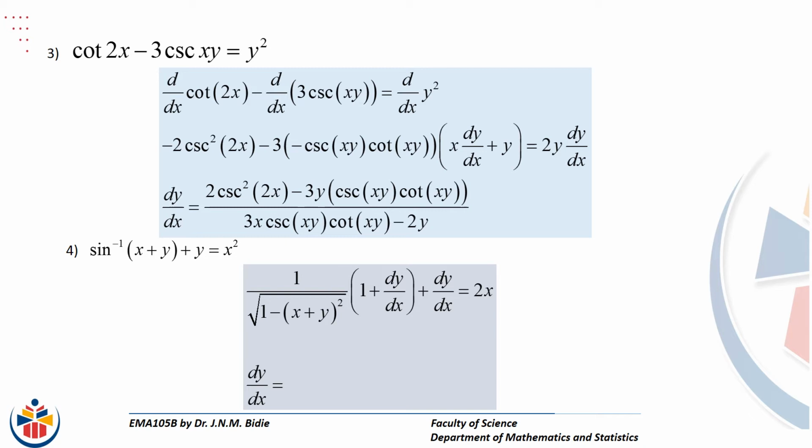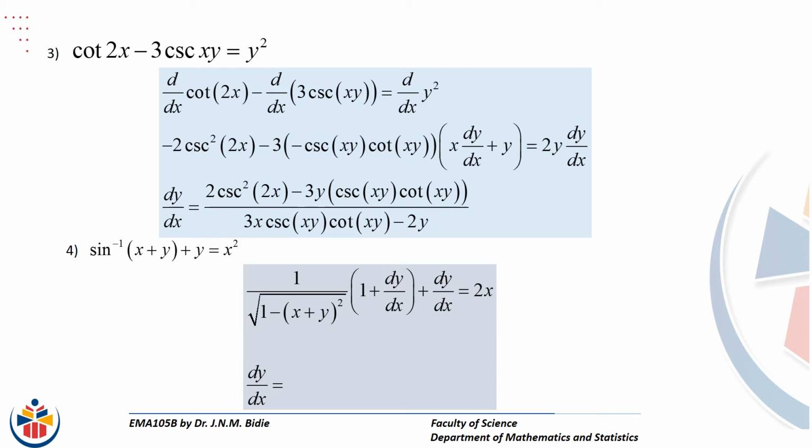Please check my steps and see if you are going to get dy over dx to be equal to 2 cosec squared 2x. Note it's positive now, minus 3y into cosec xy cot xy.